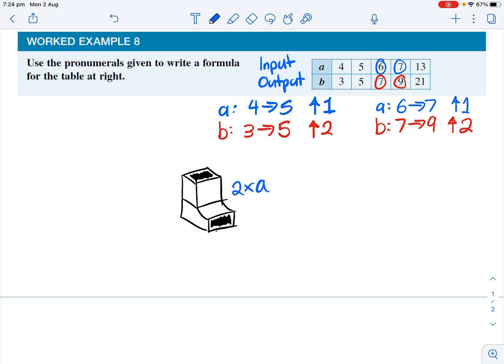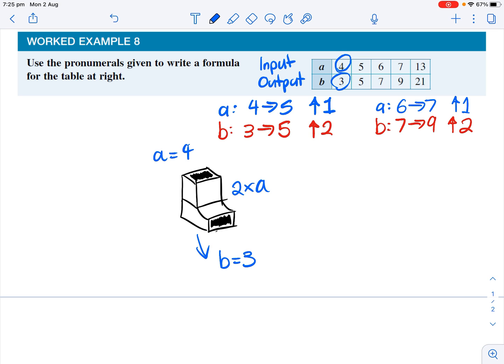So the B value will be 2 times A. Except it's not only doing this, because if you were to take A equal to 4 and apply that rule, 2 times A, you would get B equal to 8. And that is not the case. For A equal to 4, you should expect B equal to 3. This is what we should get.